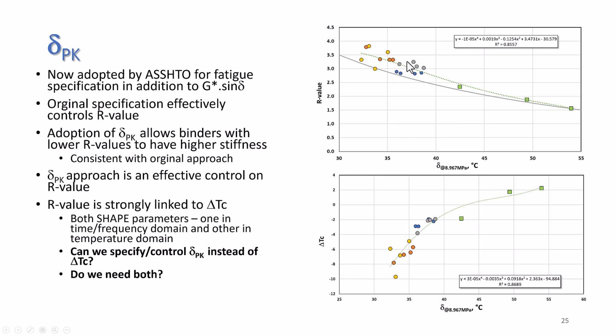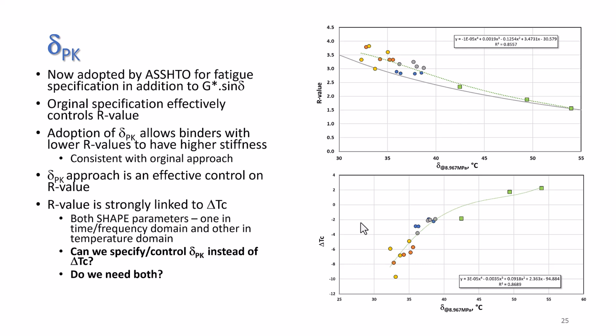This is a fairly limited data set, but it's just showing you how it relates to R value and how it relates to delta TC. All of these four parameters, the crossover modulus, the R value, the delta TC, and the phase angle at a constant modulus, should all be interrelated, and they are. So this is something we can use.